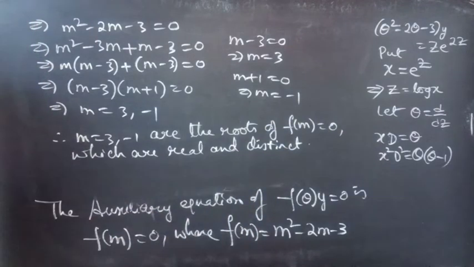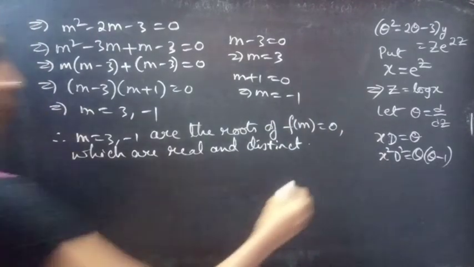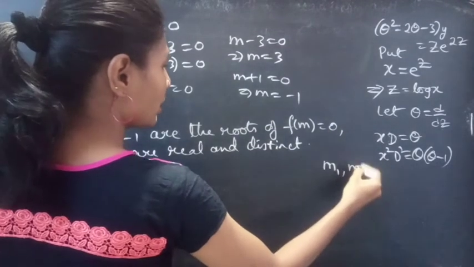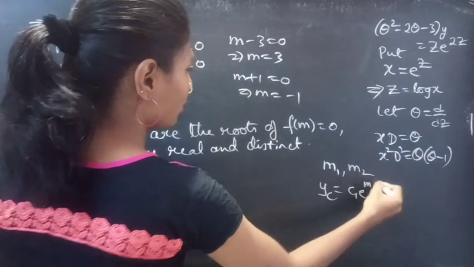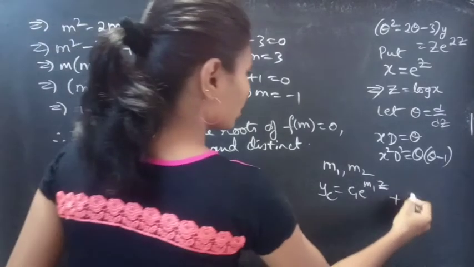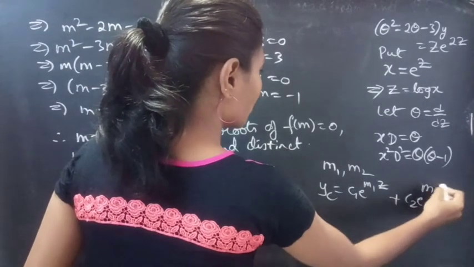Now let's write the complementary function. When two roots are real and distinct, then yc will be one constant into e power one root into z, independent variable, plus another constant into e power another root into z.